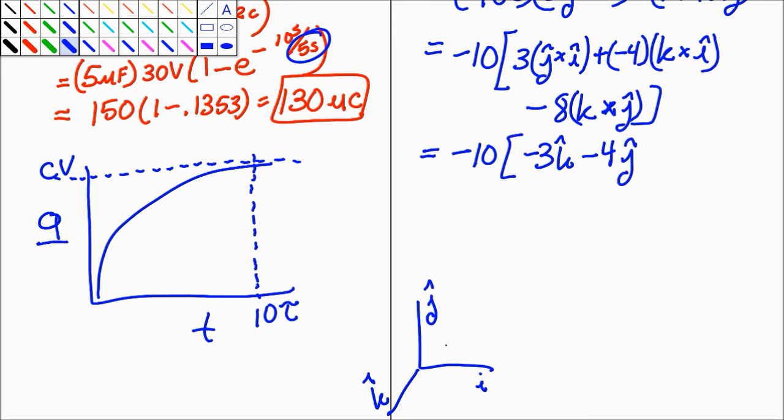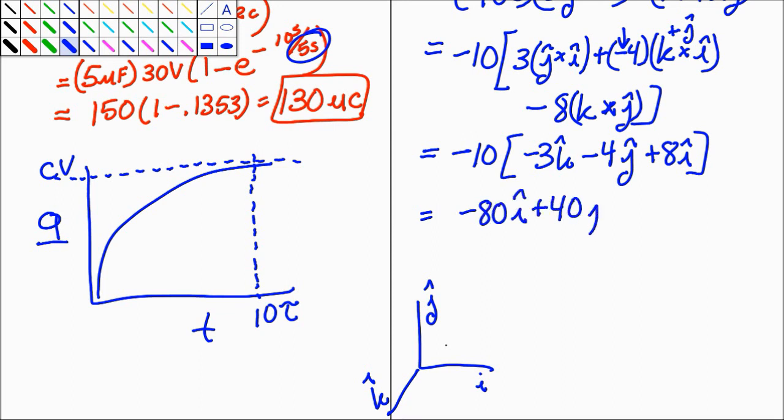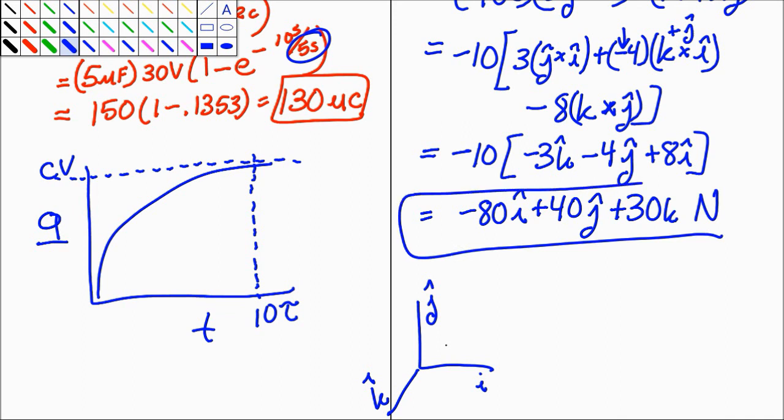All right, this is plus J, but the minus came from right here. And then K cross J is negative I, so that's plus 8I. And I can rewrite it in IJK form, so it's minus 80I plus 40J plus 30K. And that's in newtons. That's my right answer.